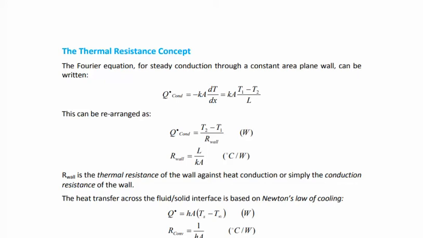Then R wall is equal to the thickness of the wall upon thermal conductivity into area. The R wall is the thermal resistance of the wall against heat conduction, or simply the conduction resistance of the wall.